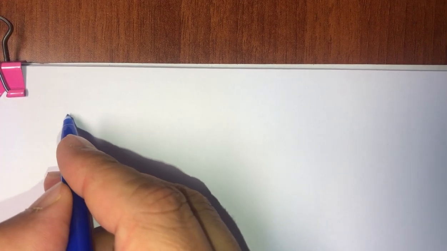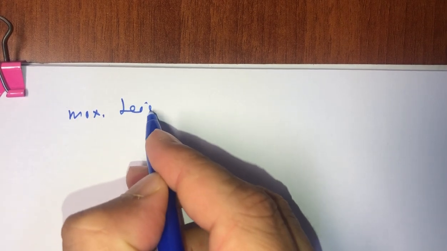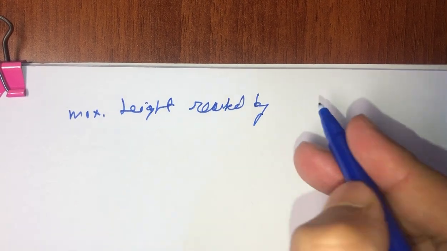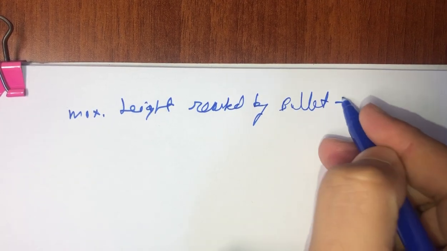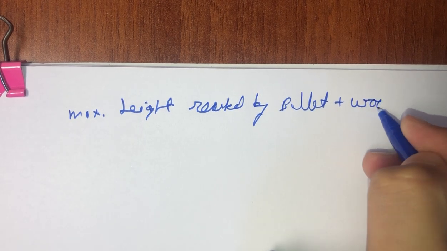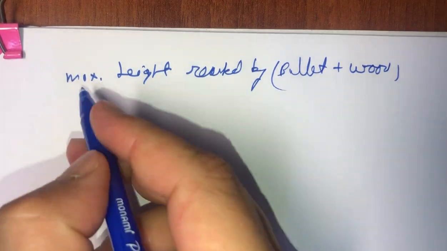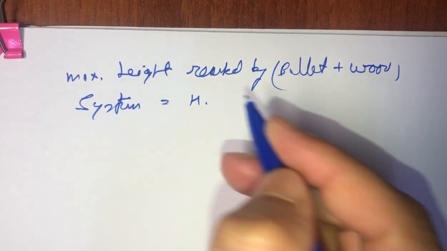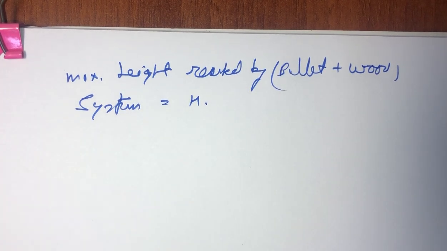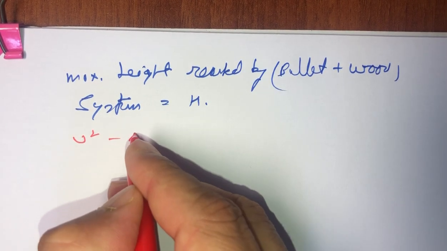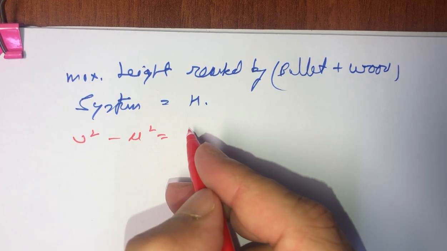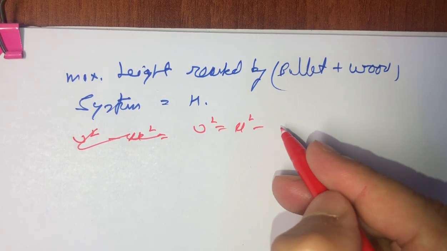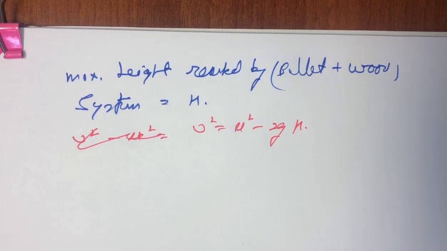You can say maximum height reached by bullet plus wood system is given as H. So we can use the formula v square is equal to u square minus 2gh.